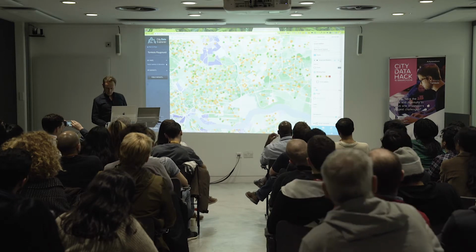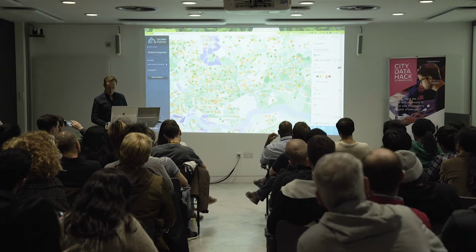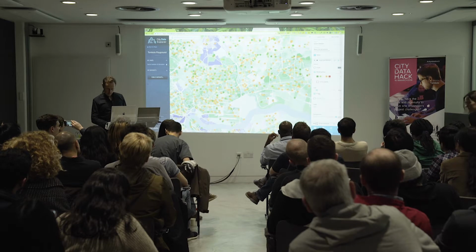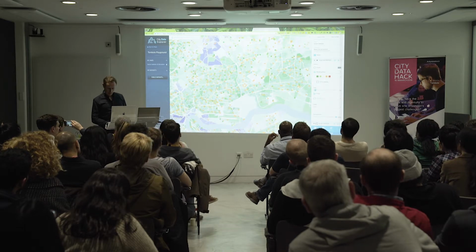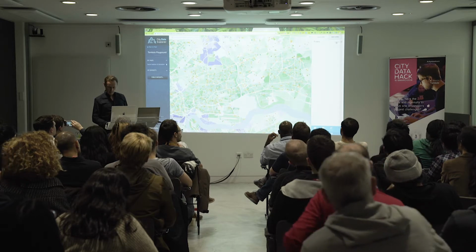I'm going to add that to the current map. Okay, so we've now got the second point layer. We're going to shrink the size a little bit. I'm just really going through this very fast, and I hope we have the opportunity over the weekend to go through this in more detail.